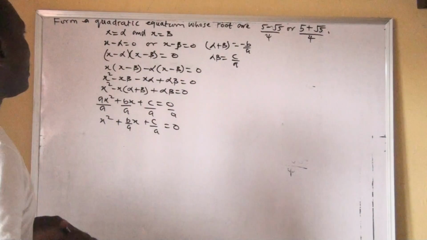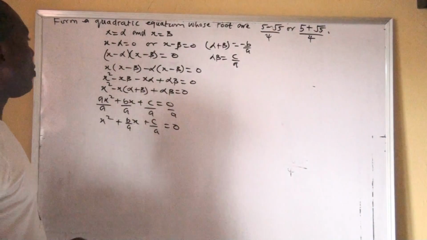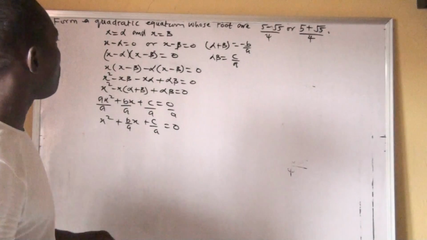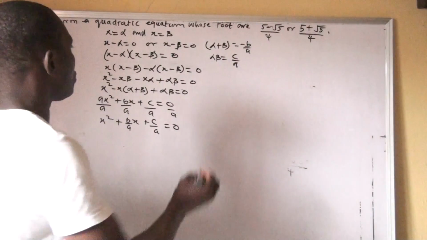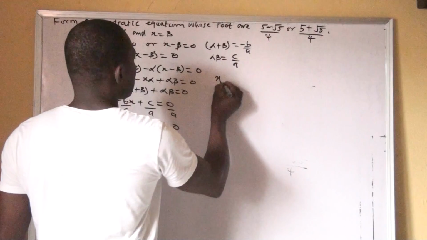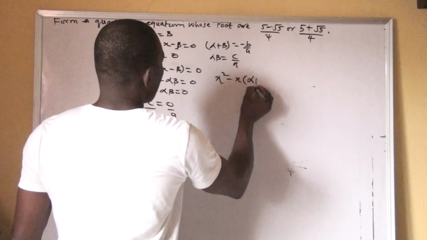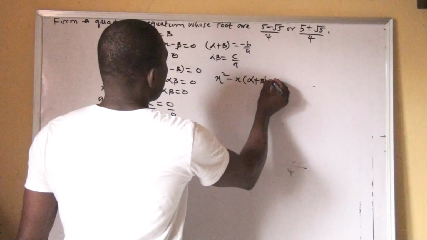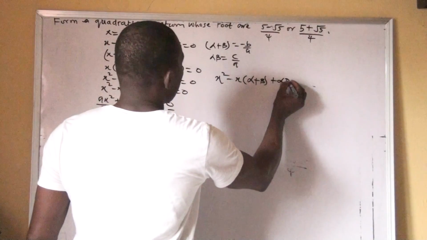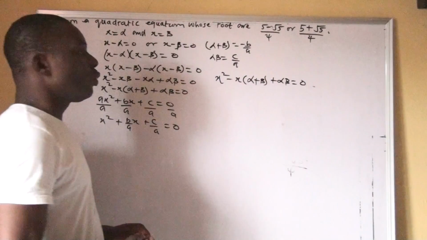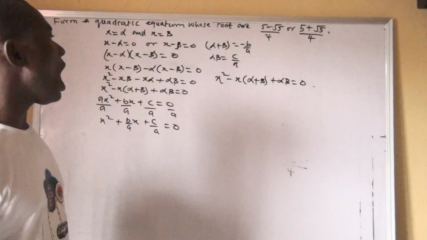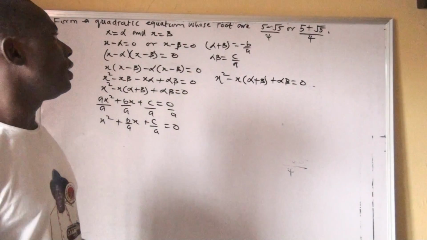So to obtain our quadratic equation, we write it in this form: x squared minus x(alpha plus beta) plus alpha beta equals 0. We use this to form our quadratic equation.